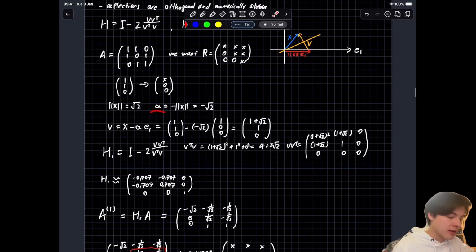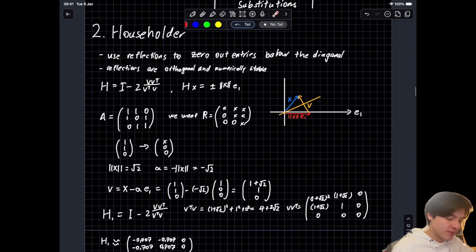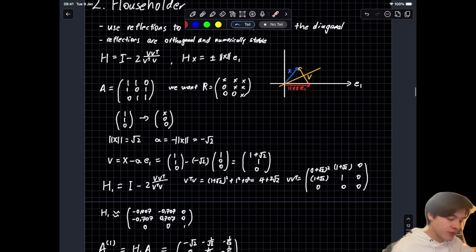So yeah, we take alpha as negative the norm, and then our v vector is x minus this.